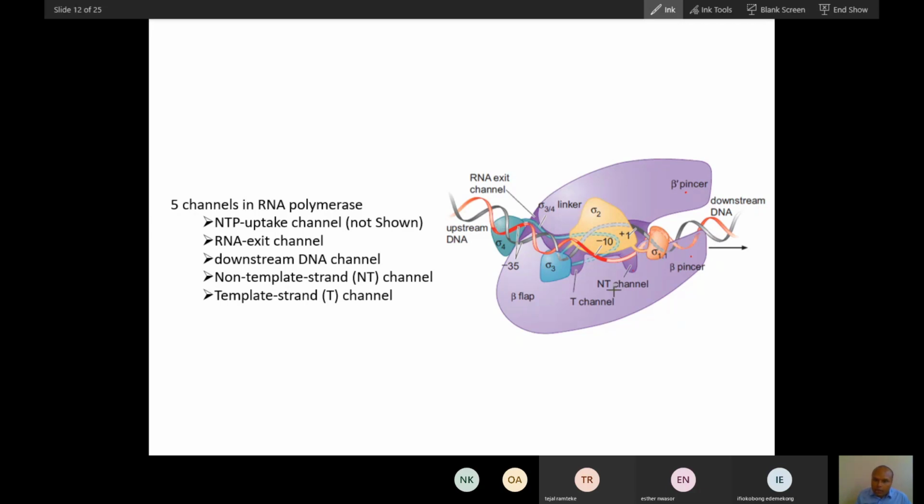This picture is showing the binding of RNA polymerase to the promoter region through the sigma unit. The same events will go along this. So this bubble will travel with it, sigma will be released, and then transcription will happen. One thing not shown here is NTP. So 5 channels are there, remember that.